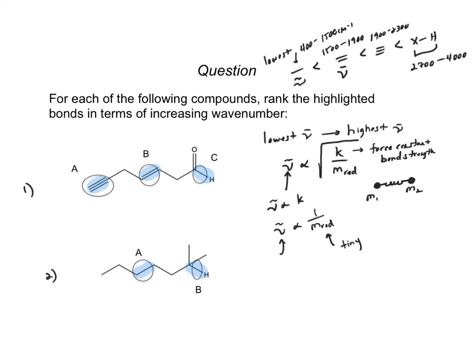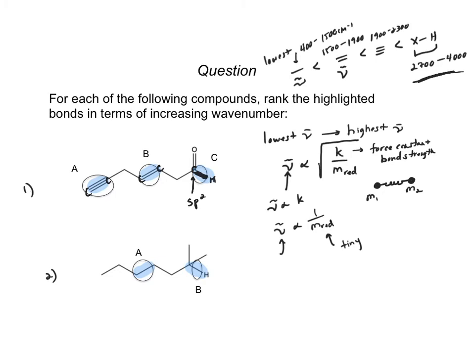Okay, so with that in mind, we can go ahead and start ordering these. In the first molecule, we've got a carbon-carbon triple bond, a carbon-carbon double bond, and then a carbon-hydrogen bond. And most importantly, this carbon is sp2 hybridized, so that's going to matter for which wave number we can expect to find a signal or absorbance at. If we look at this guy, we do have a single bond here, but because it's carbon-hydrogen, it's going to be at the highest wave number.